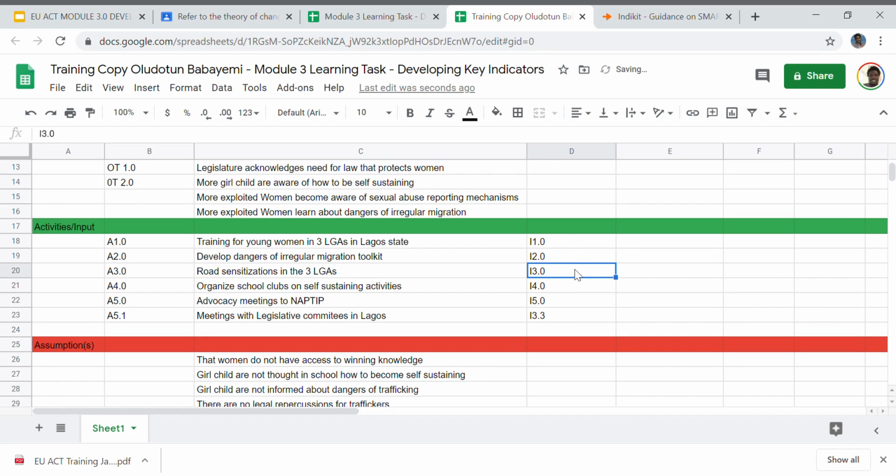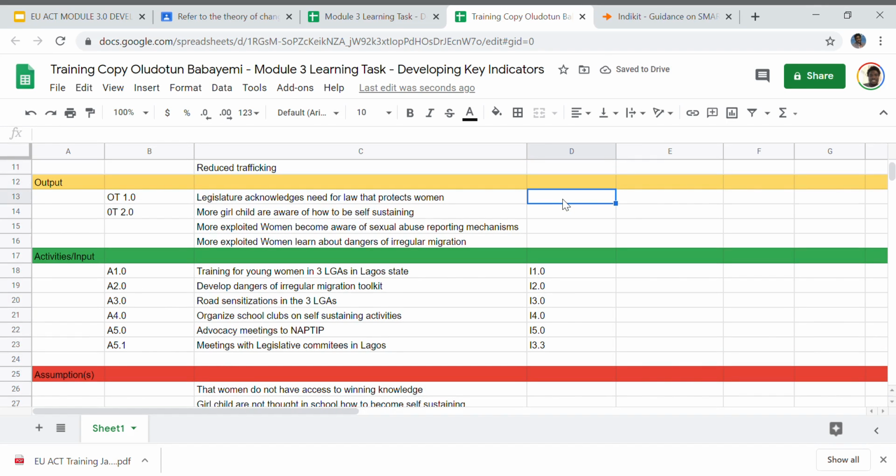Then when you come here, you can decide to use IOT. So that's indicator of an output 1.0, right? Indicator of an output 2.0.